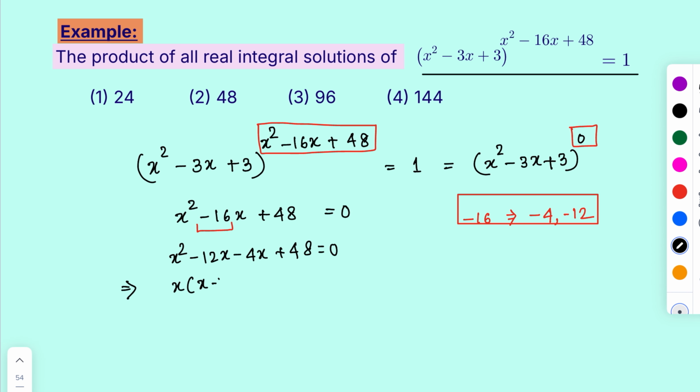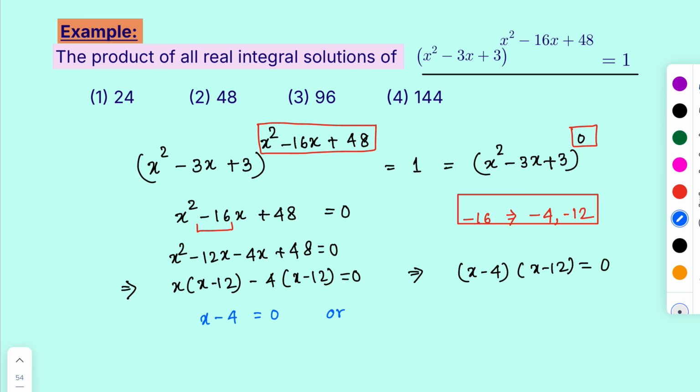This implies, if you take x as common, then (x minus 4) into (x minus 12) is equal to 0. So we will get x minus 4 equal to 0 or x minus 12 equal to 0.